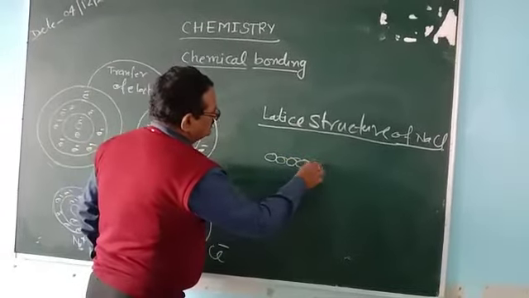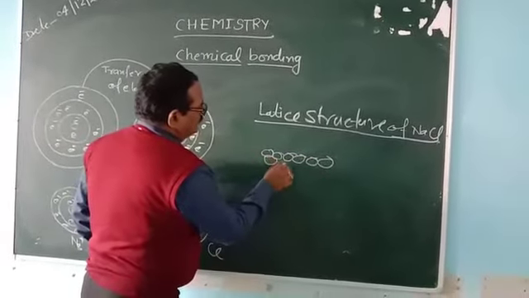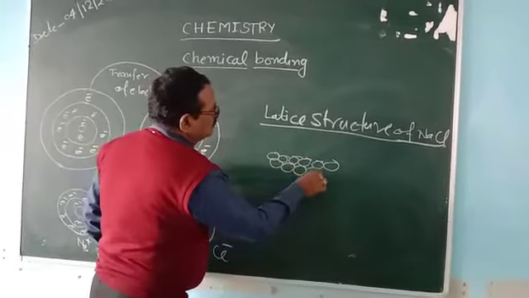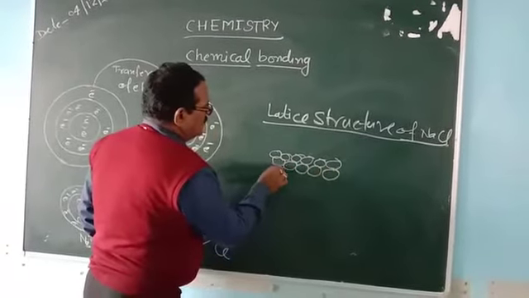This is your lattice structure, and you can also write the ionized form.